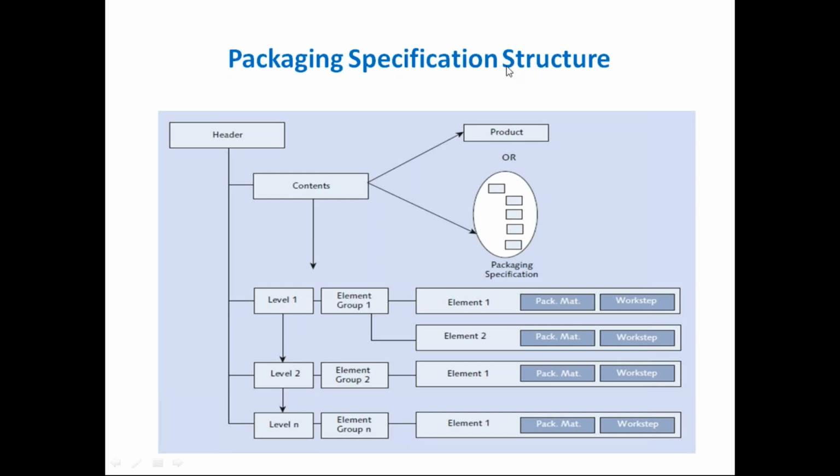Now coming to this, just read from the right side. This is the structure of the specification for packaging. A predefined packaging specification can help the user know how he needs to go for the packaging, and the system also can know that against this product this is the packaging.